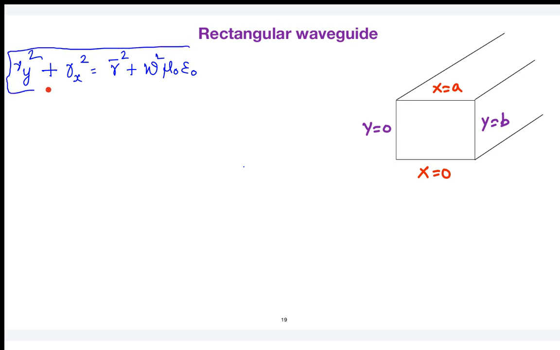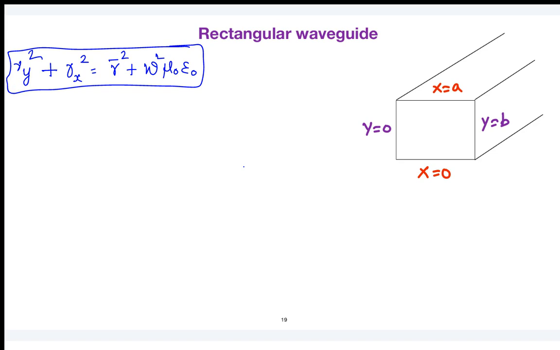I said that I would repeat this in the rectangular waveguide. Till now, you have seen this in the parallel plate waveguide, and when I go to the rectangular waveguide, this equation I was going to slightly modify.